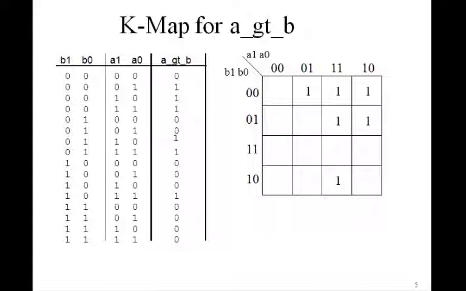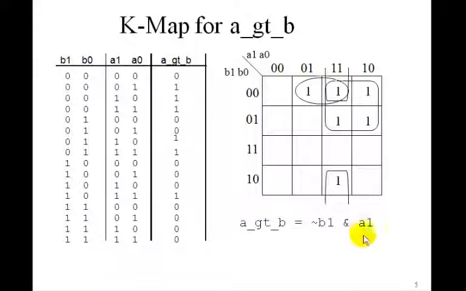Okay, how many circles here? We're going to need 3. We have this one, we'll have one up here, and for this one, of course, we can wrap around. So what's this logic equation? This will be not B1 and A1.